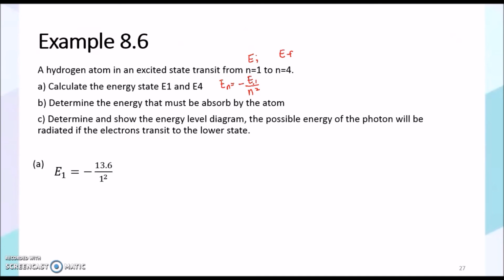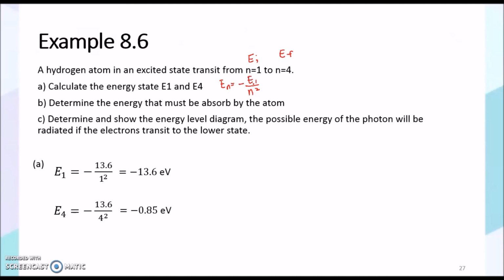So energy level at n equal to 1, we will get negative 13.6 electron volt. You can also use negative 13.59 electron volt. And then energy level at 4 is equal to negative 0.85 electron volt.